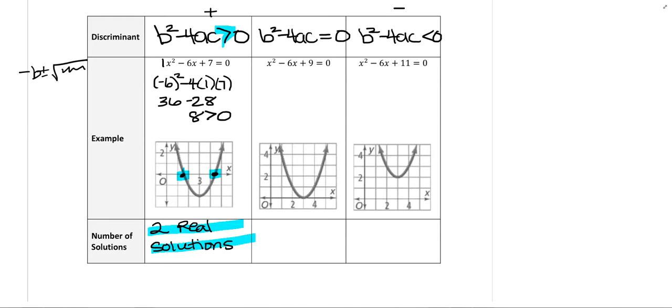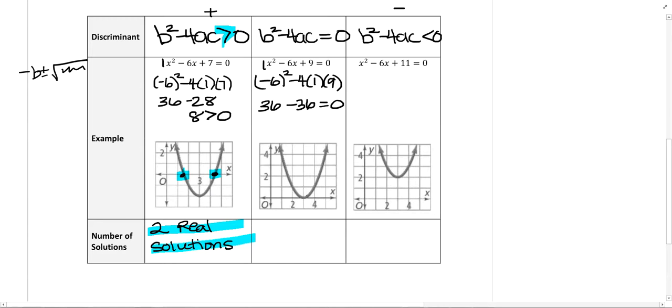Okay, in the second case, when it's exactly equal to 0, let's see what happens here. We get negative 6 squared minus 4 times a, which is again 1, times c, which is 9. We get 36 minus 36, which is of course exactly 0.